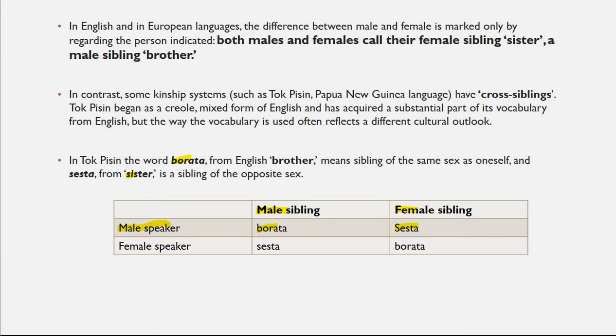But if the speaker is female, she talks about her male sibling as sesta and her female sibling as borata, because the same sex is told with borata and the opposite sex means sesta. So you can see this is different from English. The gender of the speaker is important in this language.